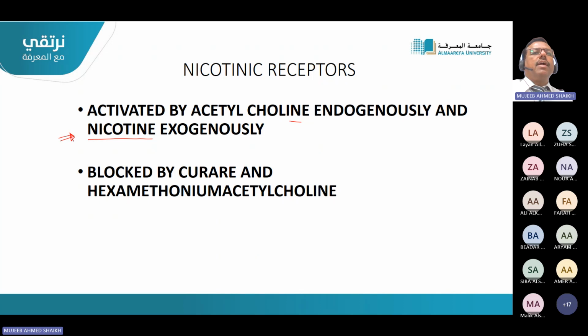That's why the name is given as nicotinic receptor. And to block this receptor, what are the different drugs? Either it is blocked by curare, which we have seen in the previous lecture, or it could be blocked by hexamethonium.